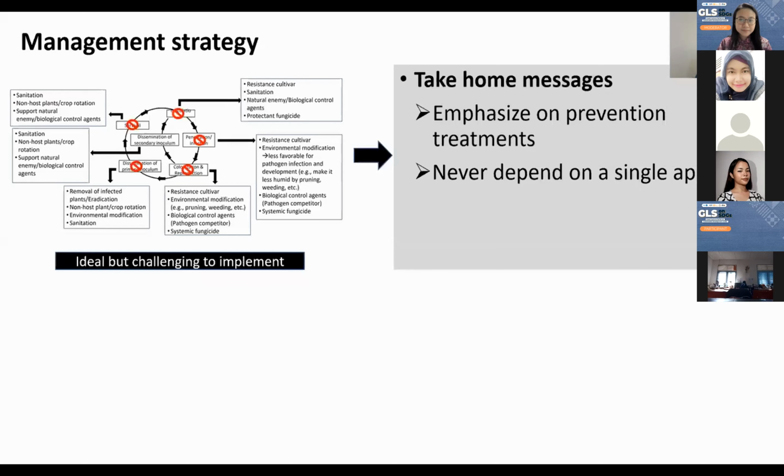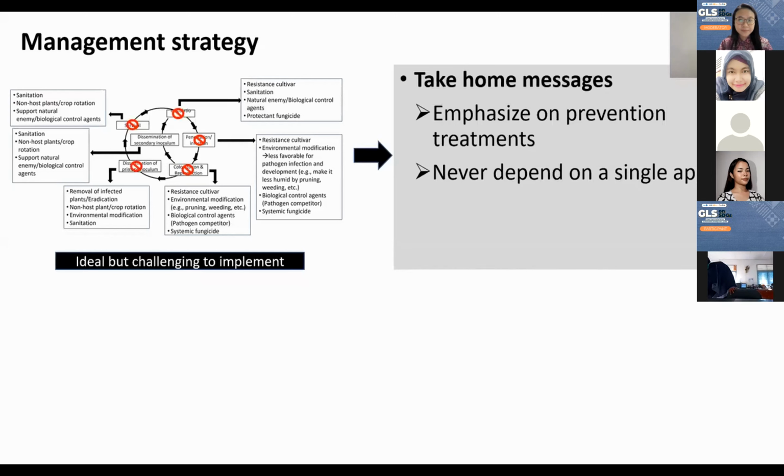So probably they can still do preventive treatment, because in my opinion, prevention can be less costly than applying curative or therapeutic treatments. I'm not talking about economic analysis in my lecture. Probably you can further study and research about that and see.